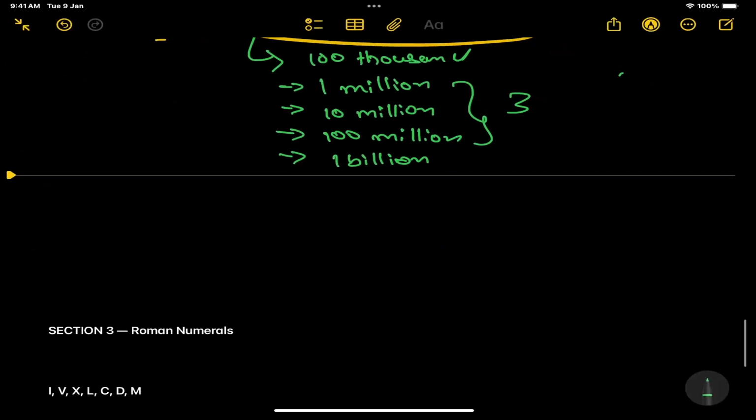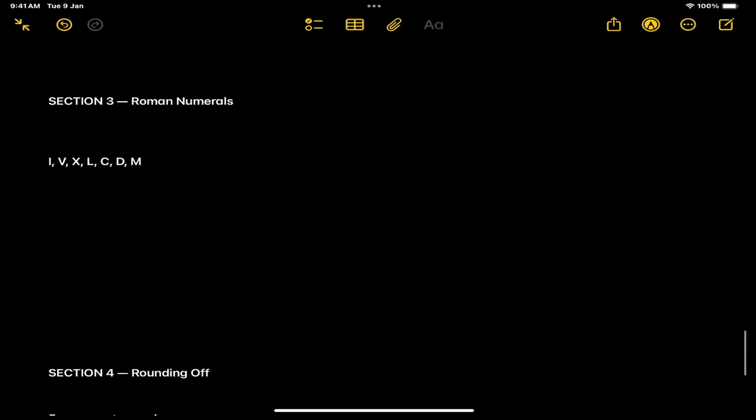Understood? Now moving ahead with Roman numbers. Roman numbers are very simple to understand.